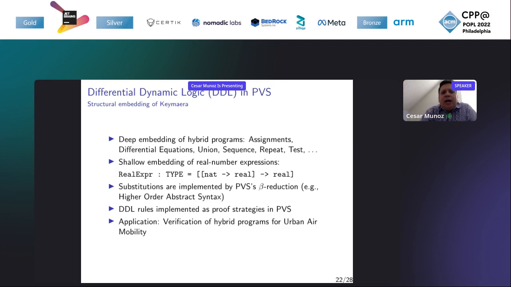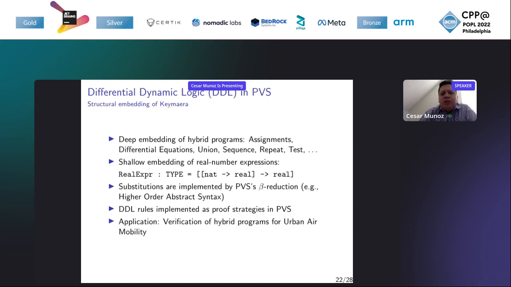So we implemented this embedding, but internally all the differential equations, all the structure, all the hybrid programs are coming from DDL and KeYmaera, but the primitive functions in the embedding are those of PBS: real numbers in PBS, real functions in PBS.